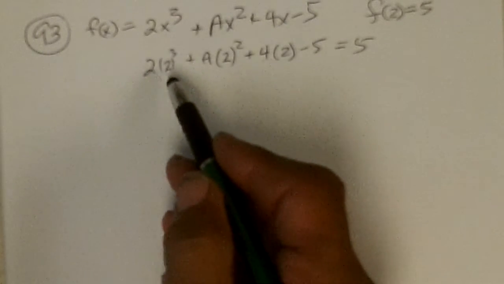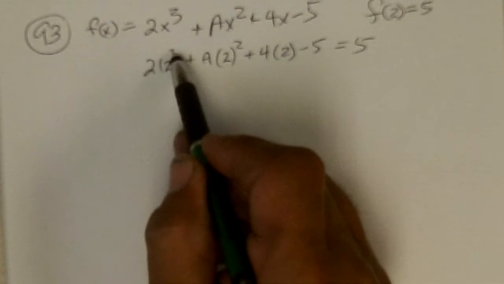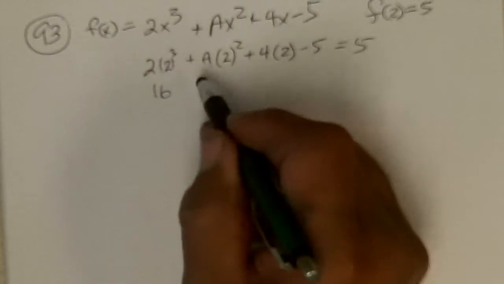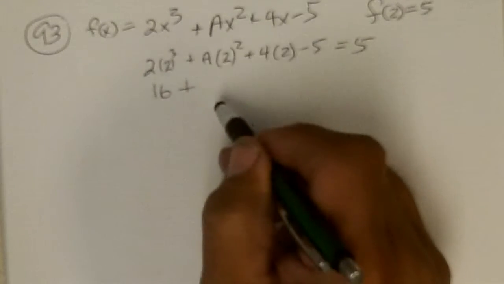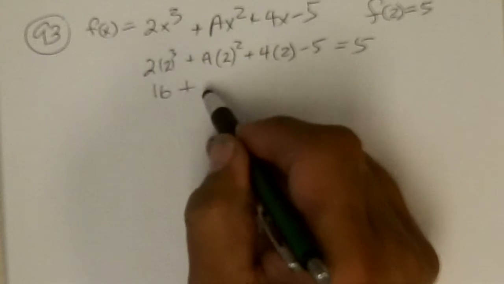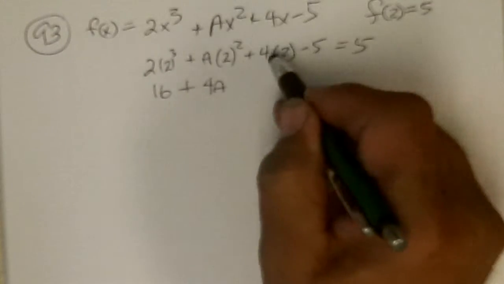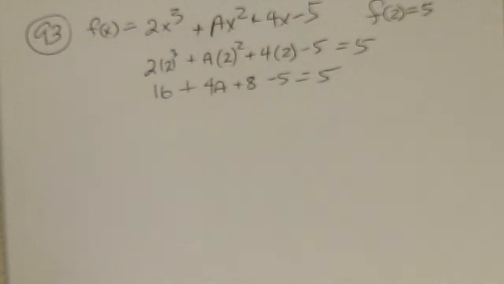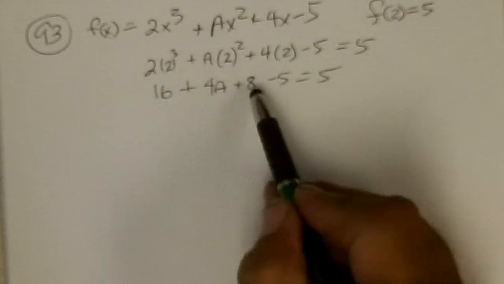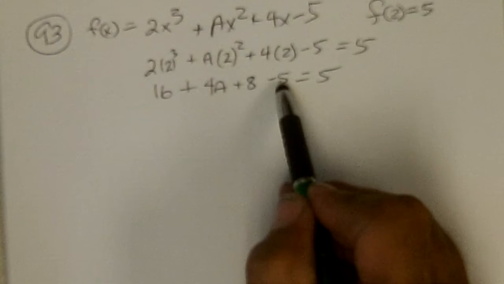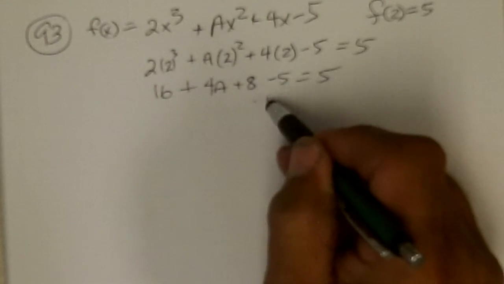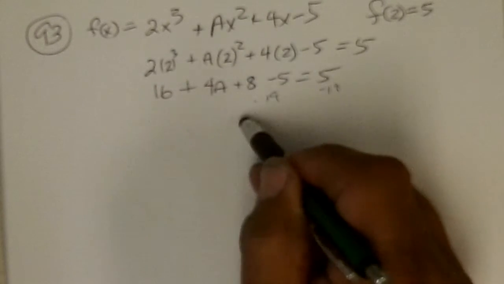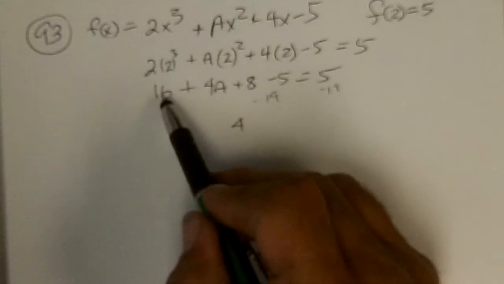2 cubed is 8 times 2 is 16, plus 4 times 2 squared is 4 times a, 4a, plus 8, minus 5 equals 5. 16 plus 8 is 24, minus 5 is 19.